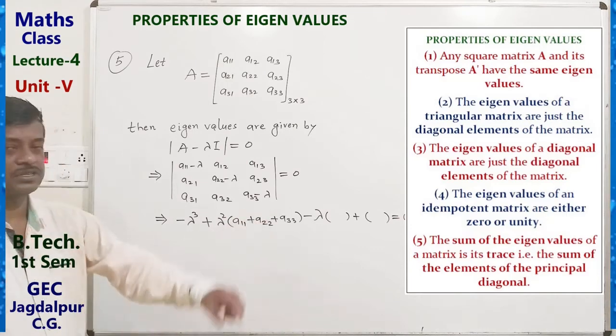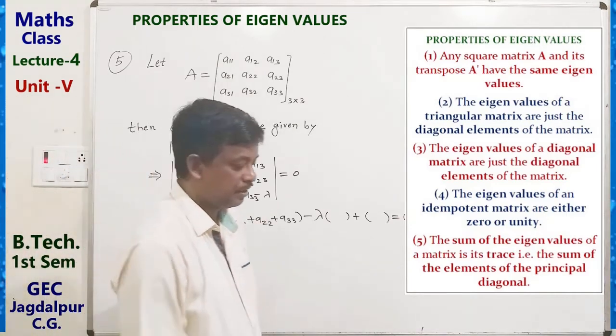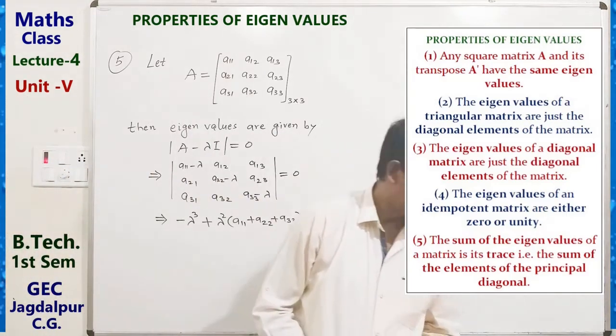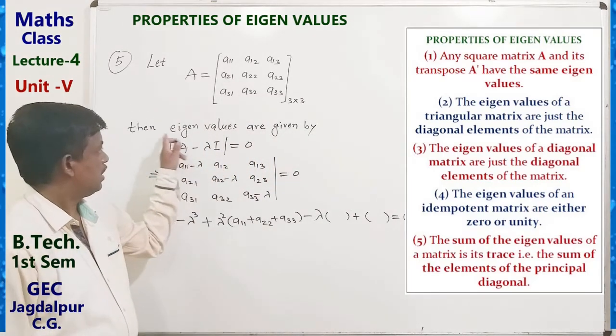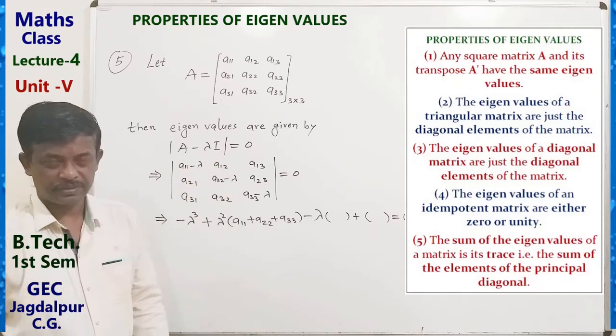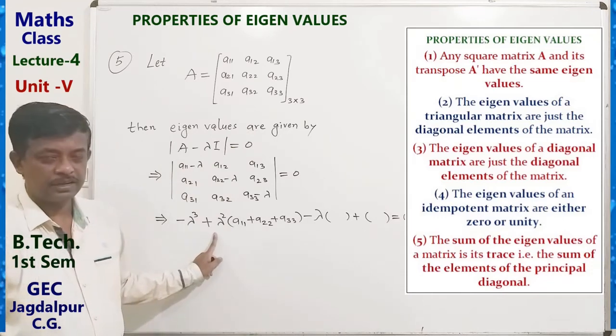This is the type of equation we are getting. Okay, so eigenvalues are given by this. Clear?